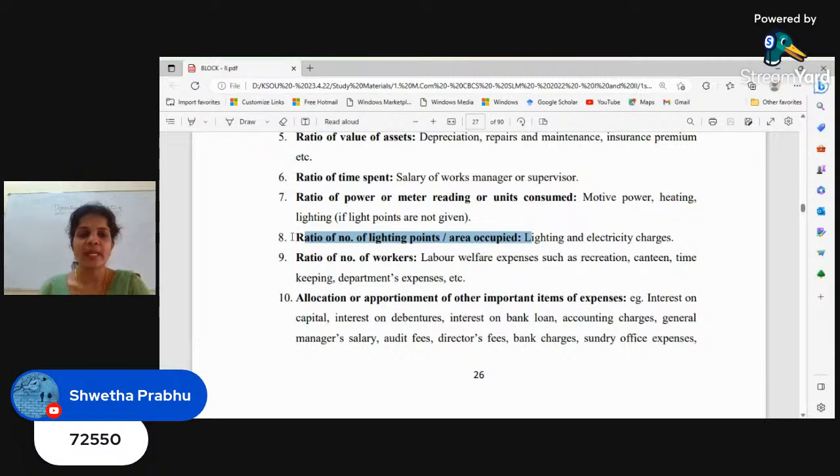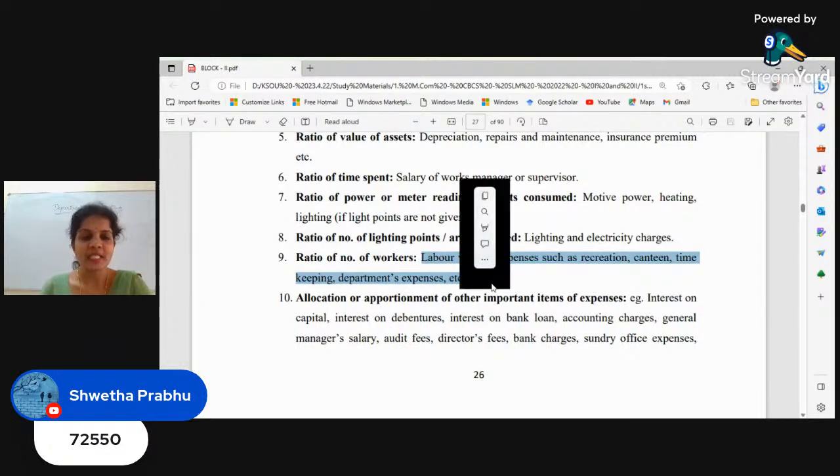And the number of workers: if workers use the canteen or recreation, or any individual department expenditure, it can be divided based on the number of staff or workers working in the particular department, if there is information.